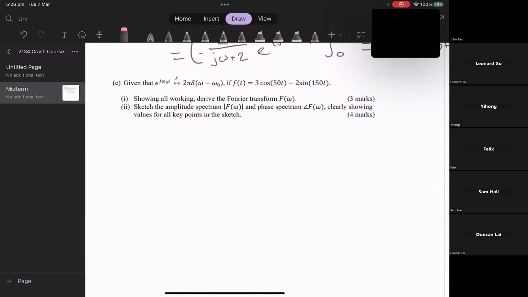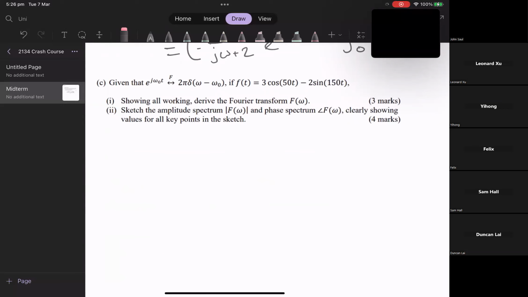We know that they are giving us this formula, so we likely want to use it to solve our question. That leads us to see that cos and sine can be expressed in Euler's form in terms of these exponentials.